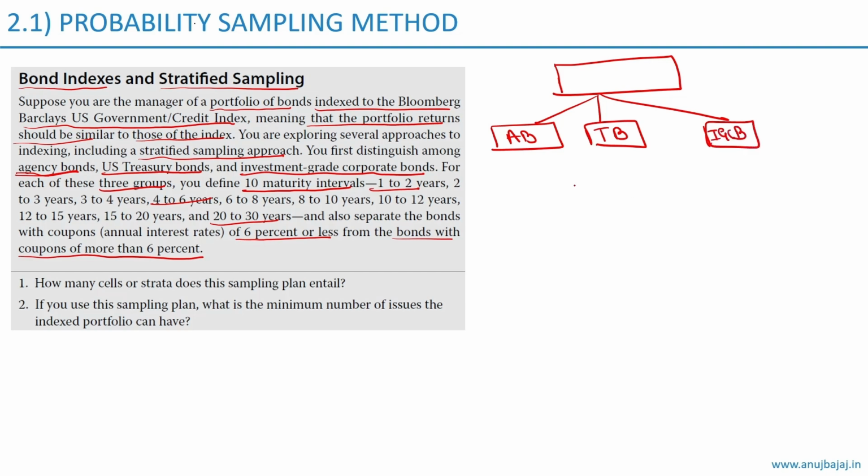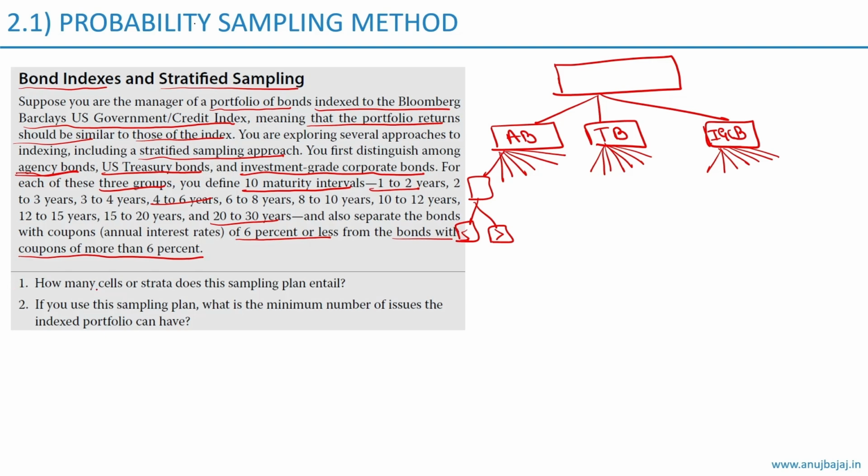And within each of the strata, we have 10 different strata representing particular maturity intervals. So we have 10 different strata under each strata. And within each of these, we have 2 more strata, where one strata represents the bond with coupon of 6% or less, and the other strata represents bond with a coupon of more than 6%.